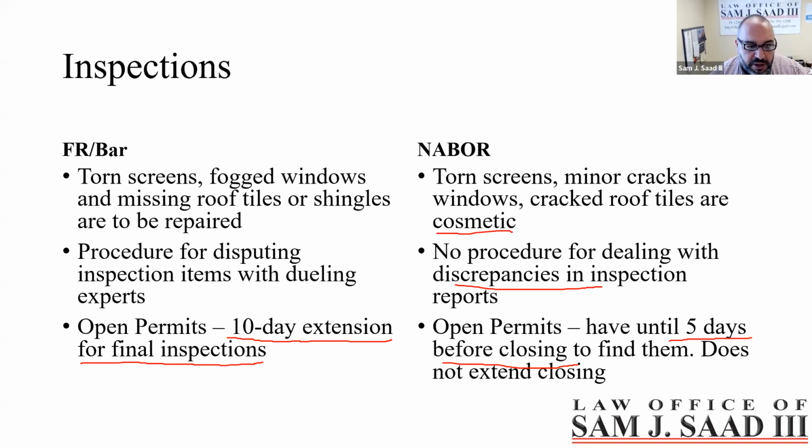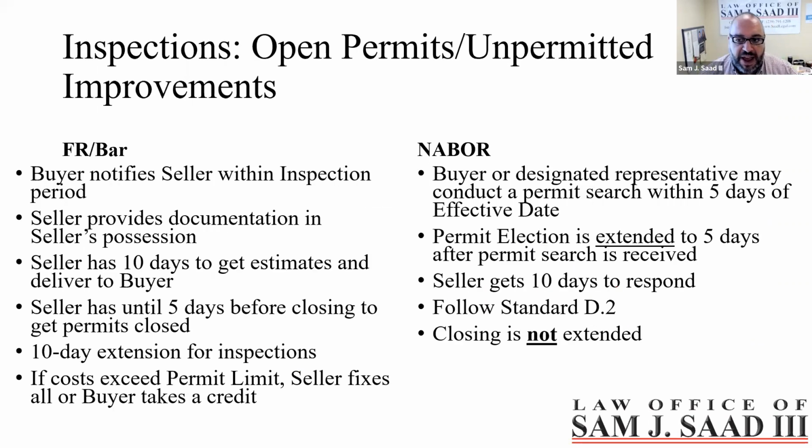Okay, we'll talk a little more detail here because it is so vastly different. The buyer under FAR-BAR will notify the seller within the inspection period of the defective items. This is for permits. I'm sorry, make sure you understand this is for permits. The seller has to provide documentation that they have regarding the permits. You go through an inspection process.